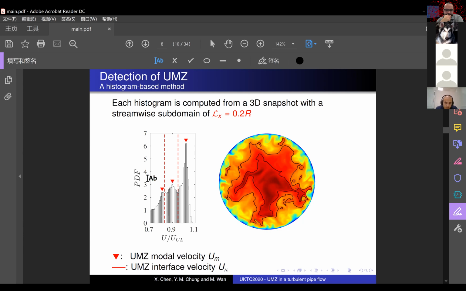So it means we have 3 uniform momentum zones bounded by 2 interfaces. The interfaces at the dashed lines are defined as the minimum between each 2 peaks. The interface is traveling at velocity denoted as U_kappa.